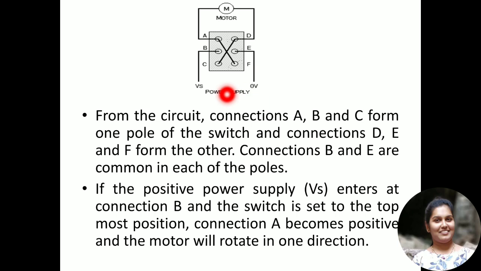This type of switch is mainly used in various motor controllers where the direction of the motor is to be reversed. So this is one of the examples of a double pole double throw switch.